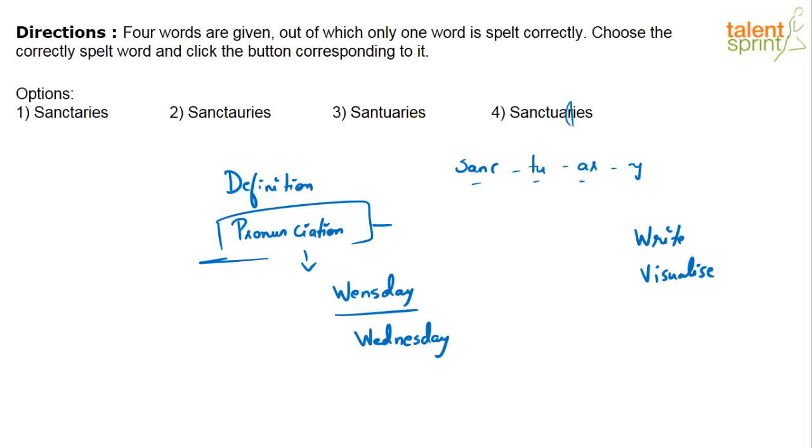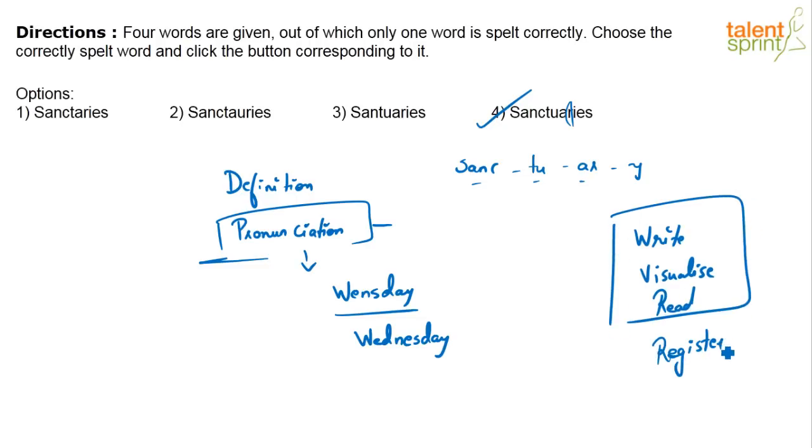So in this one, which one is it? Sanctuaries. IES, we're talking about more than one place. I think it's option 4, right? Write, visualize, read. That's the only way you can register spellings.